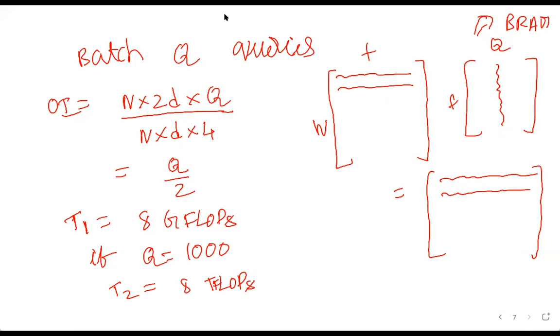But there are a couple of things you should understand here. In order for you to be able to achieve this many gigaflops per second, it depends on your memory on the FPGA. Your DRAM consists of a number of blocks.